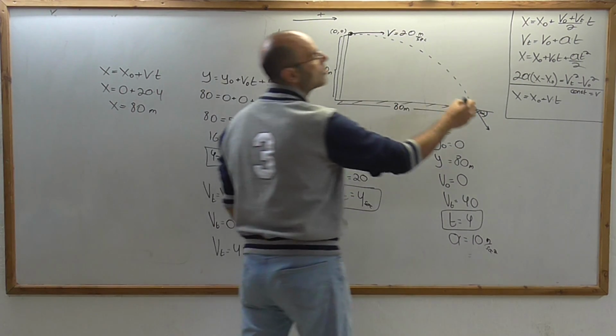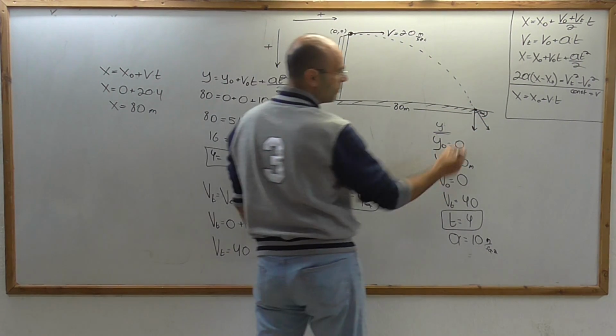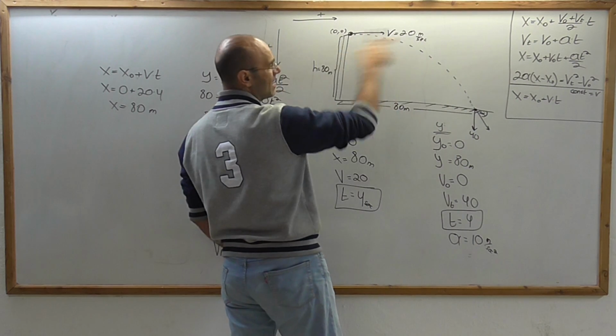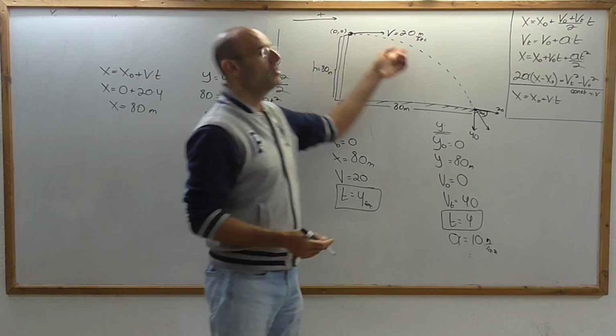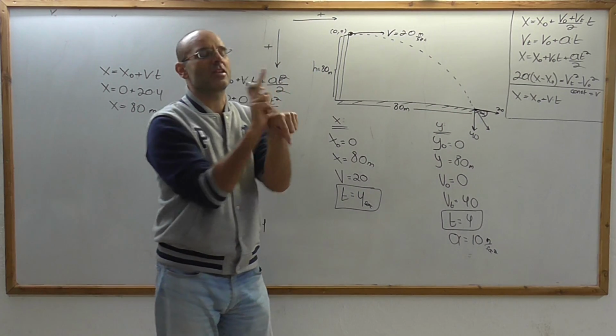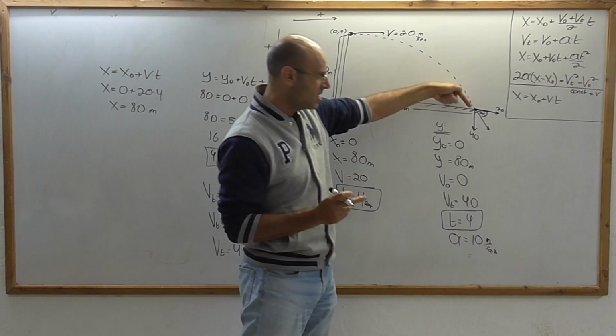I know the velocity in the y-axis will be, what did I get? 40. And the velocity in the x-axis will be 20. But the ball, which I threw, doesn't have x and y velocity. It only has one velocity, and the velocity is this.